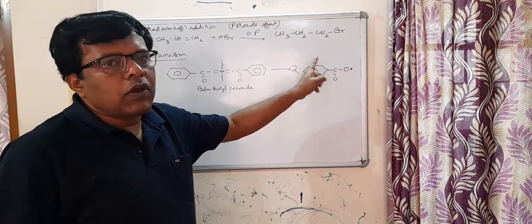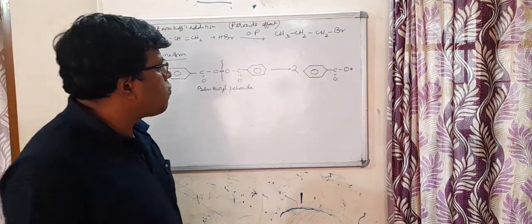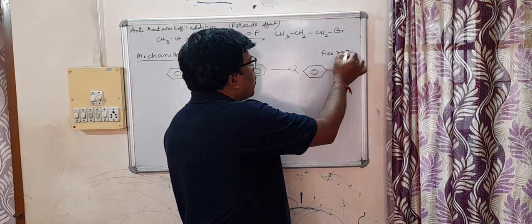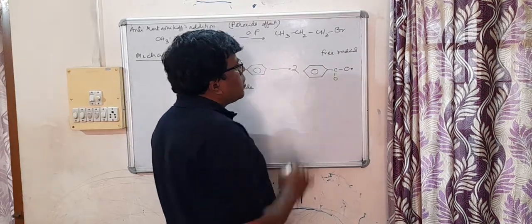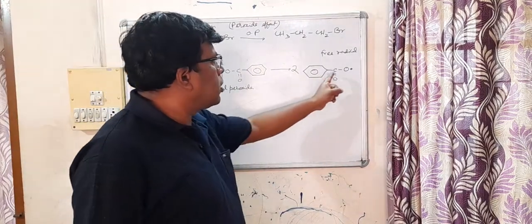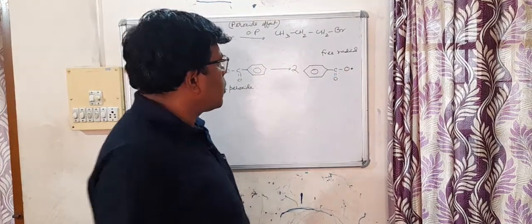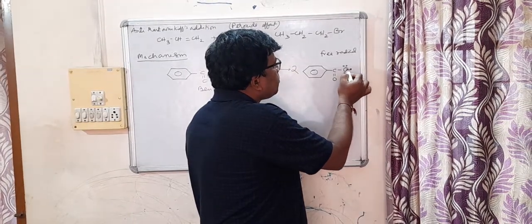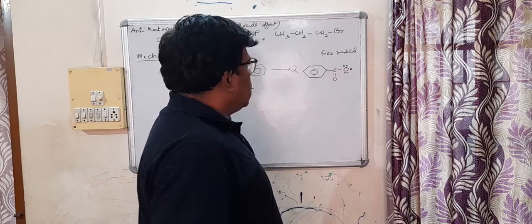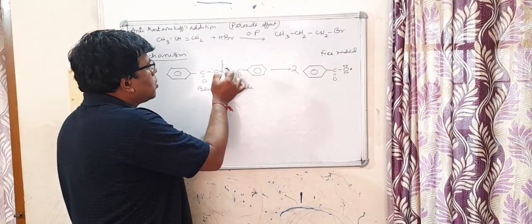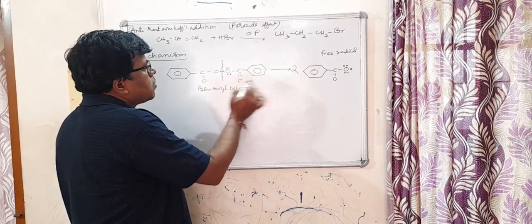Here we get a free radical as intermediate. If I complete the lone pairs, this oxygen also has 2 lone pairs.